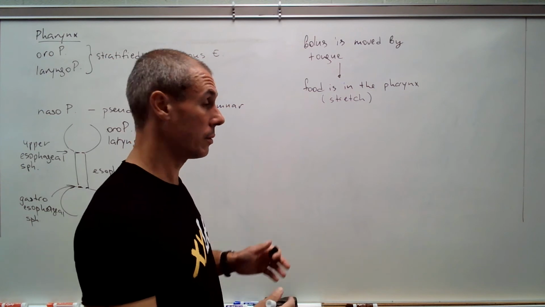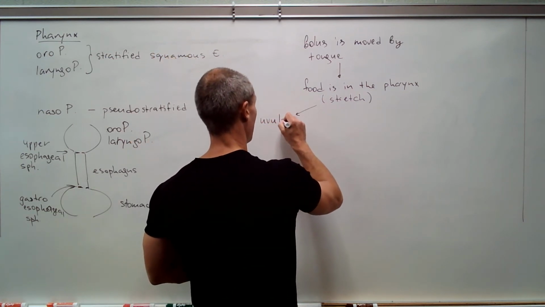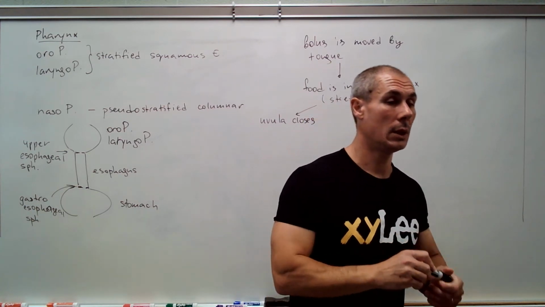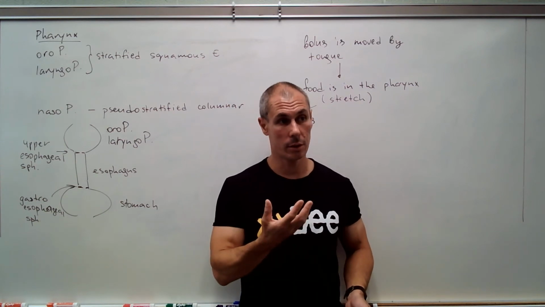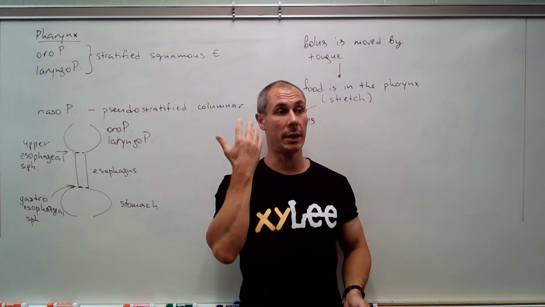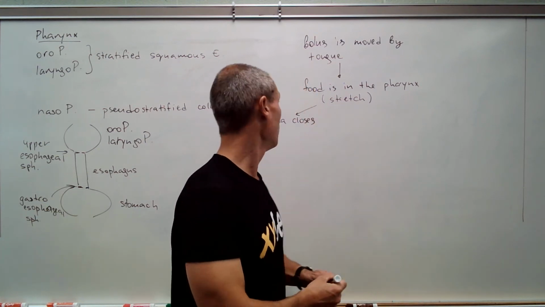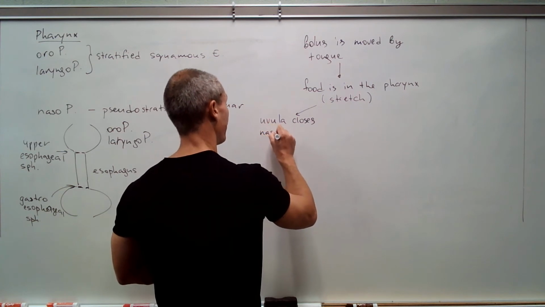So this serves the uvula, a little muscular structure in the back of your soft palate. When you open your mouth, you can see it hanging over there. Uvula closes nasopharynx.